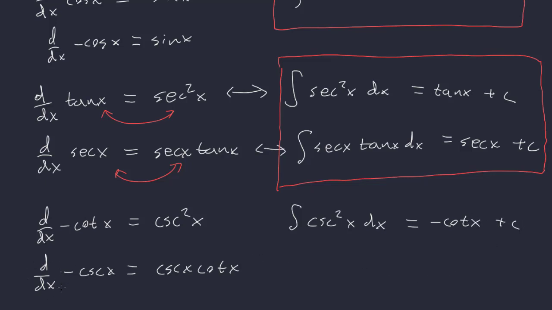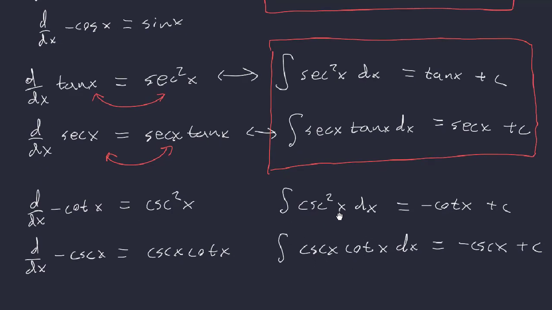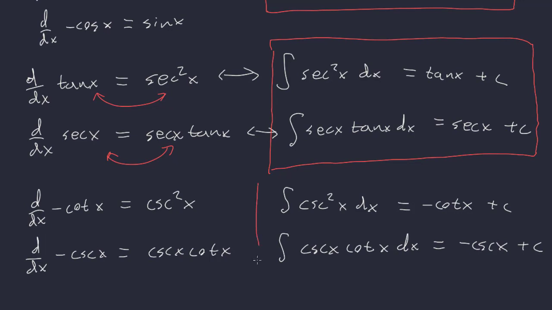And similarly, the derivative of negative cosecant x is cosecant x cotangent x, which tells us that the integral of cosecant x cotangent x dx is negative cosecant x plus c. So notice for the cosecant and cotangent, the cofunctions here do still give us a negative.